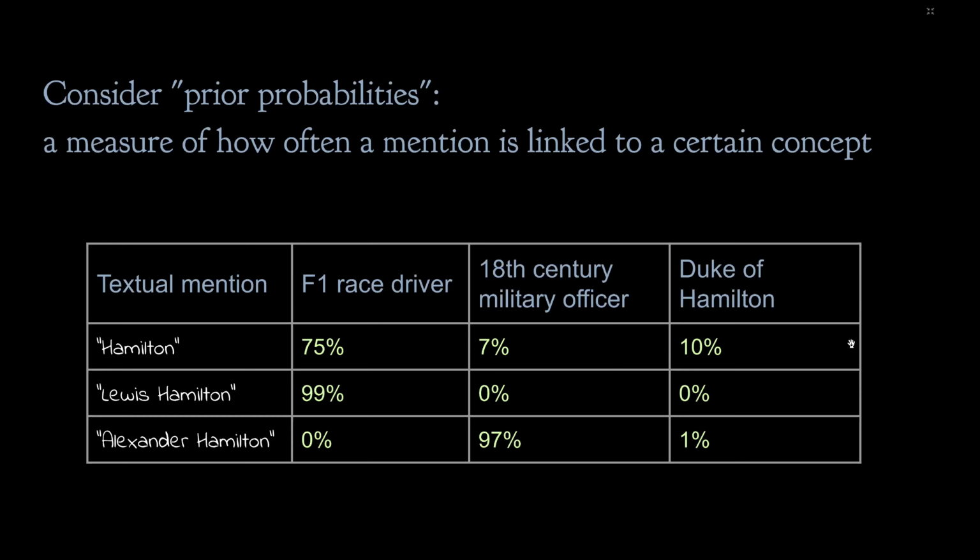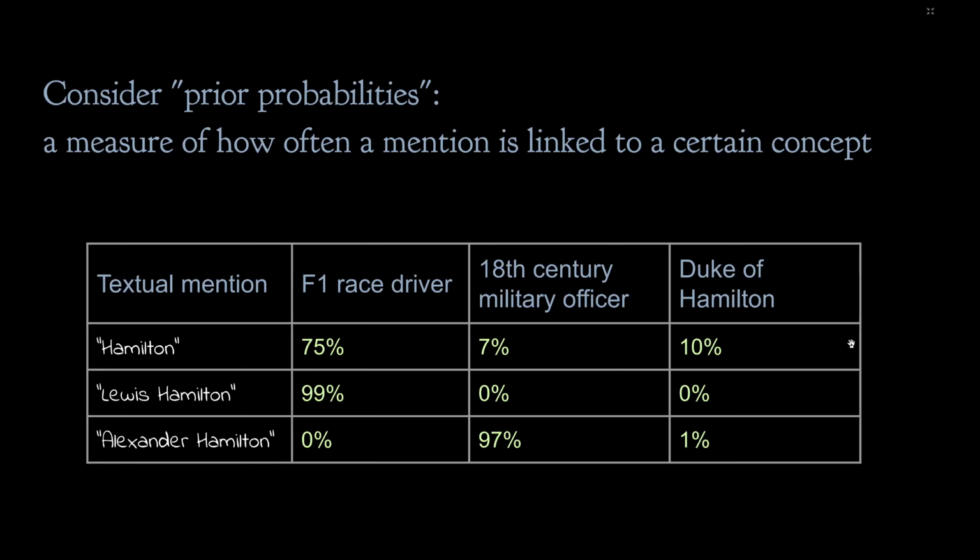Of course, when the string literally says Lewis Hamilton, then the prior probability of this linking to the Formula One race driver will shoot up to about 99%. Similarly, if you have Alexander Hamilton mentioned in full, then it will probably be the US founding father, and so on. But what we can do is harvest these prior probabilities from Wikipedia.